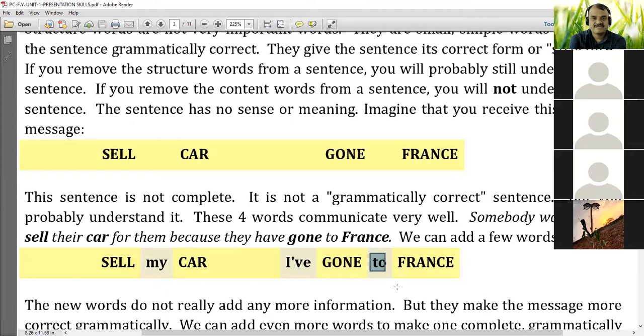As far as articles are concerned, there are only three words. Which are they? A, an, the. Correct. So here that word to is a preposition, and with the help of prepositions we express direction, location, time. Are you clear?